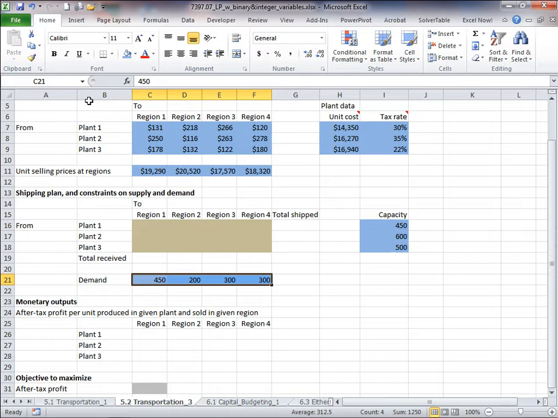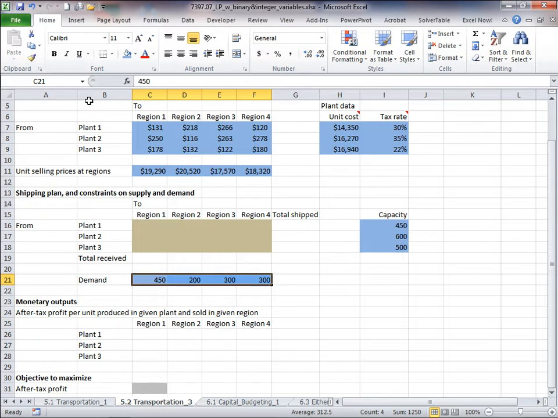Now again, note what I'm doing. Note the process that I'm following when I solve these problems. Ideally, what I would have done if I'd just been given the problem statement is I would have sketched out an influence diagram, and I would have used that influence diagram then to map to this spreadsheet.